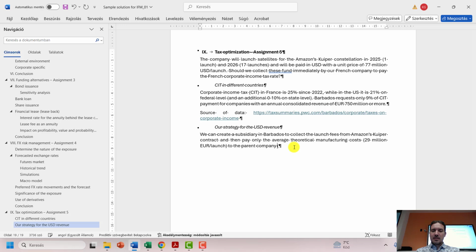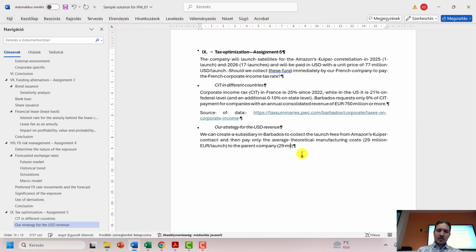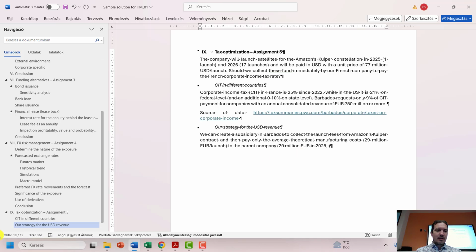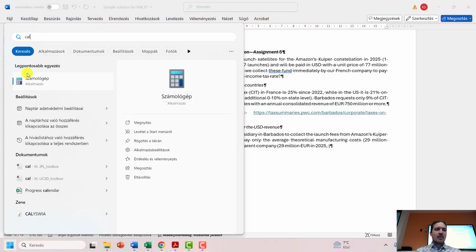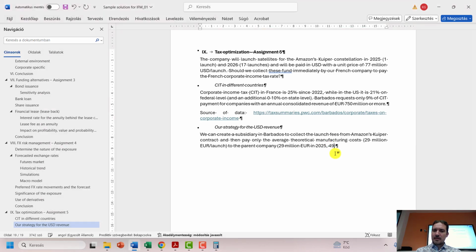The parent company, which means that in the first year 2015 we have to pay this one, and then we have to give 70 multiplied by 29, 419 million euro in 2029.